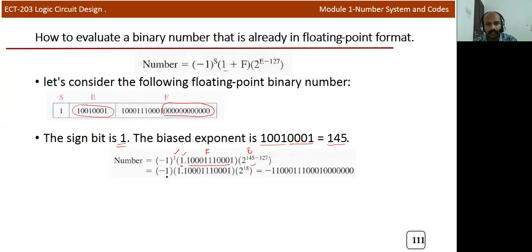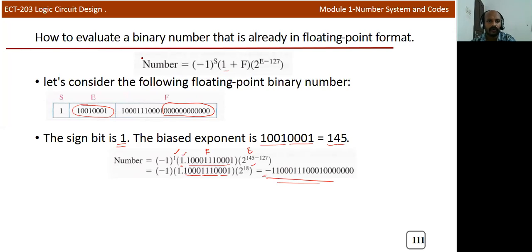And since (-1) raised to 1 makes it a negative number, we put a negative sign, and now we write 2 raised to 18. Here you can see this is 4, this is 4 and 3, and the remaining values we need to add. So this is the final answer.